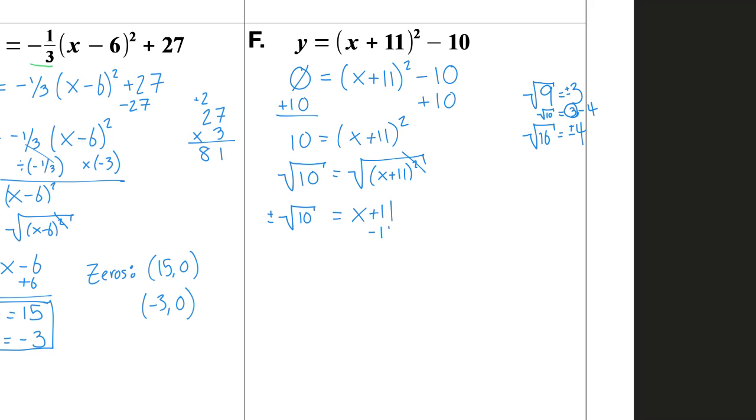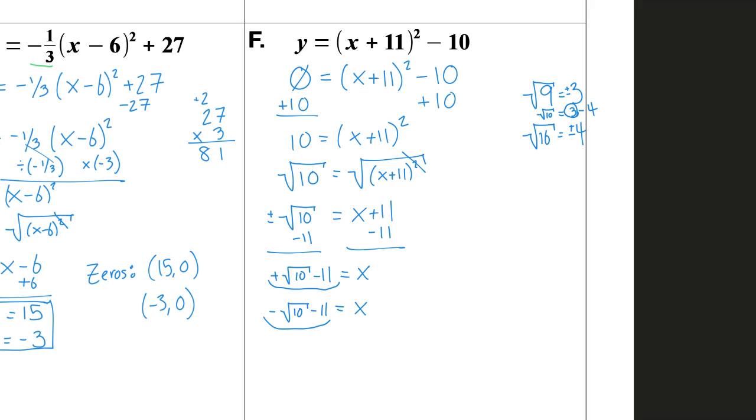If we wanted to finish our process, we would subtract 11 from both sides, and we would get positive square root of 10 minus 11 equals x, and the negative square root of 10 minus 11 equals x. Certainly you could put this in your calculator and figure it out.